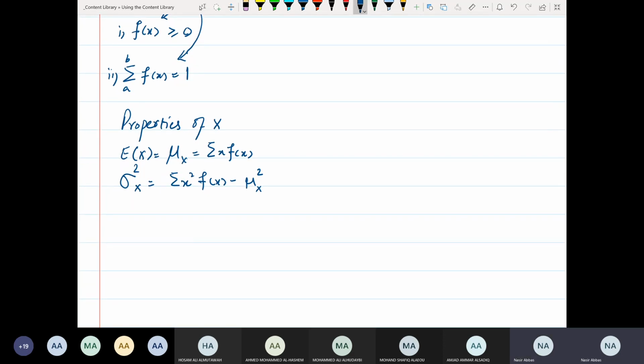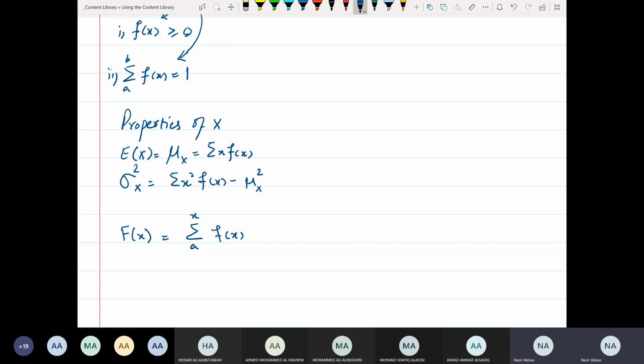You found the standard deviation, which I'm not going to write, it's just the square root. You found capital F of X, which is the summation of small f of X from A to a specific value X.